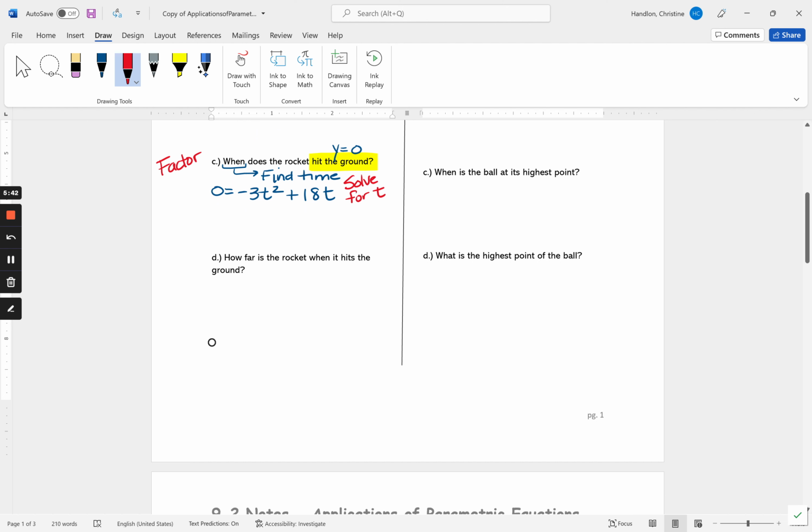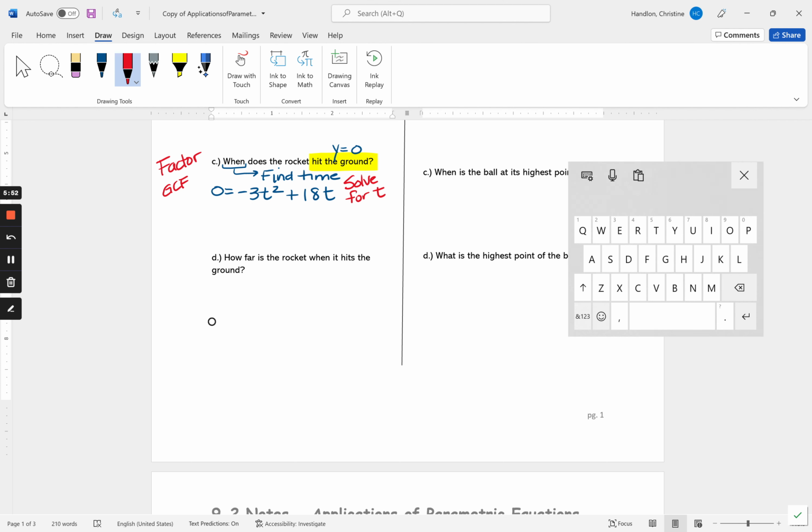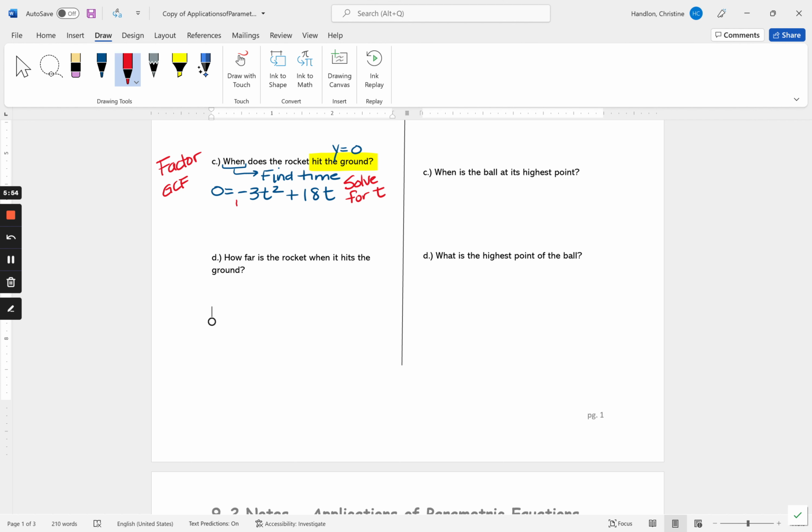Whenever you go to factor any equation, the first factoring method you should always try is the greatest common factor method. And the greatest common factor method is the method where we look to see if any of the terms have some sort of common factor, the highest factor, that can be undistributed or factored out.